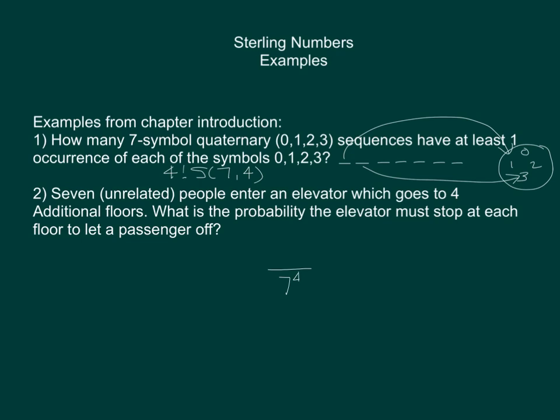But how many ways can these distinct people get off of 4 distinct floors such that the elevator must stop at each floor? So this is an onto function because every floor is hit. Again, the 4 factorial is because the floors are distinct, and then we have S of 7, 4, divided by 7 to the 4th.